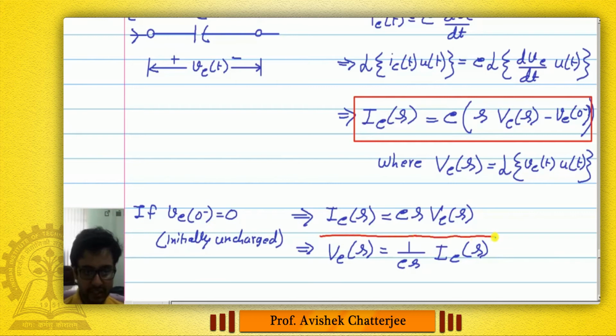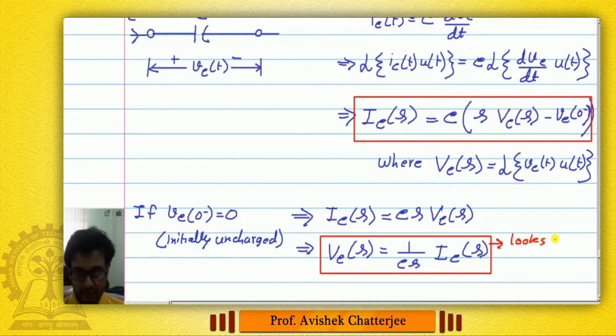This equation looks much cleaner and nicer than this one. This looks like Ohm's law, voltage equal to current multiplied by some constant, where this constant 1 over Cs acts as the impedance in Ohm's law.